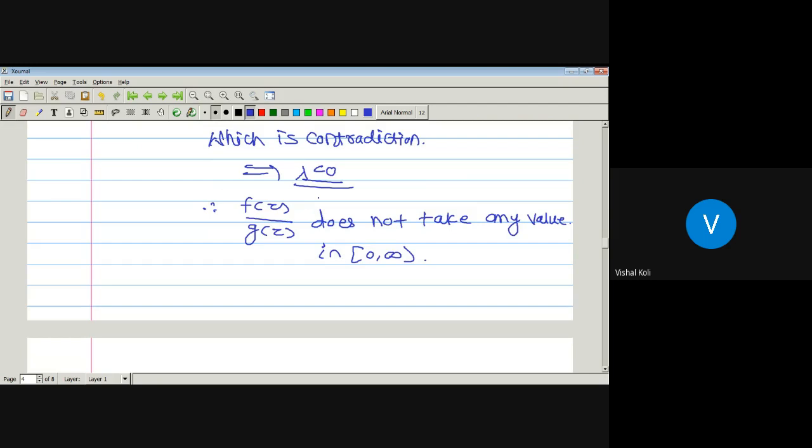So f upon g never takes a value in between closed 0 to infinity, which implies the function f upon g has a well-defined logarithm.